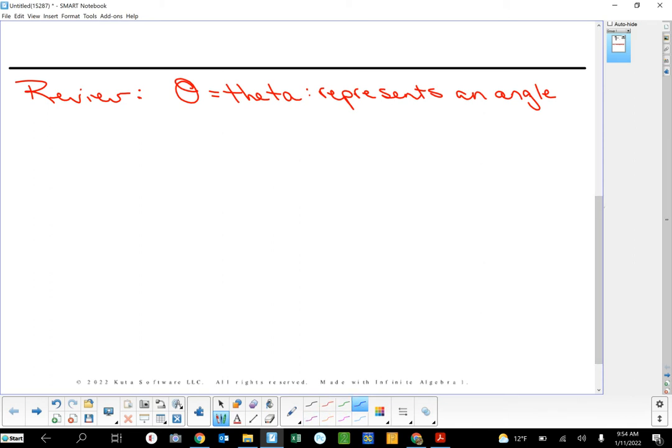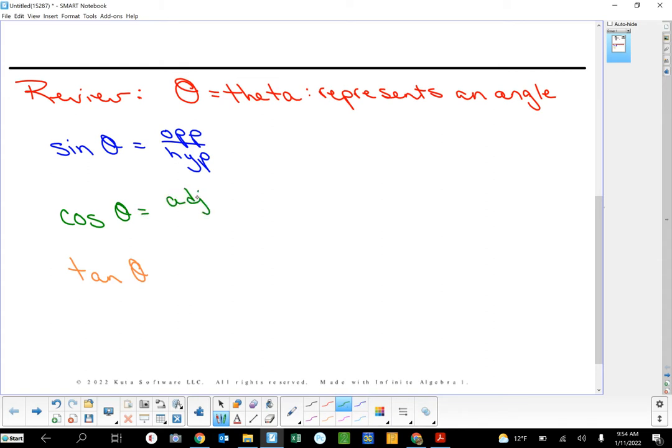And then I also want to just review what the definitions of sine, cosine, and tangent are. So if you remember, sine of theta is opposite over hypotenuse. Cosine of theta is adjacent over hypotenuse.